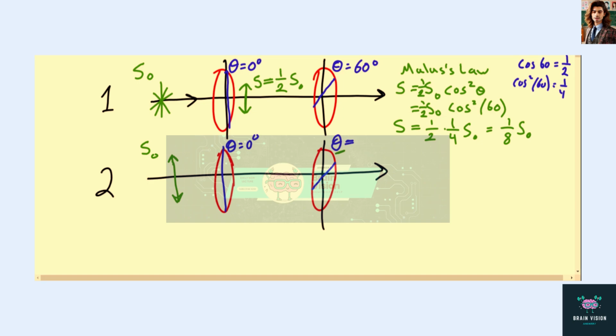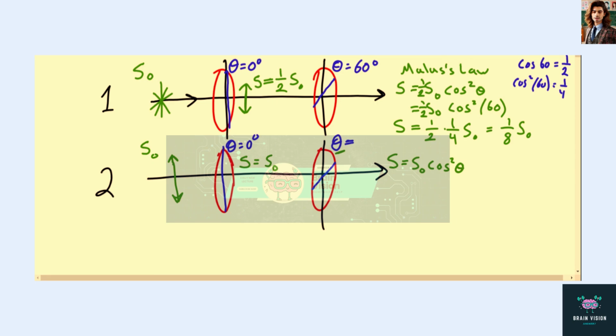Well, let's follow it along its process and see how we'll set that up. It comes in already polarized, so after it passes through the first polarizer, its intensity does not change because it's already lined up exactly the way it needs to be. So all of its intensity gets through. So now, incident on the second polarizer is the full intensity, S0, and using Malus's law, we'll see that S equals S0 cosine squared theta.